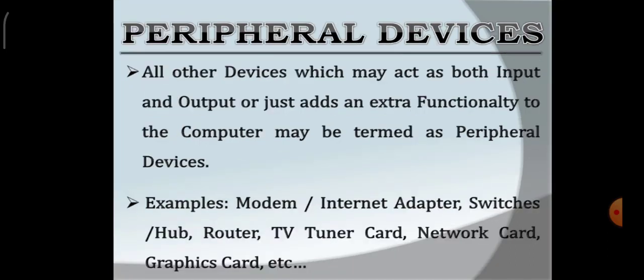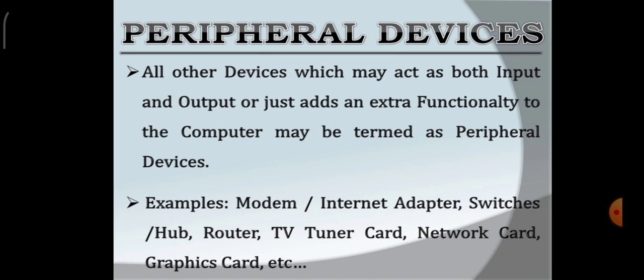Peripheral devices. All the other devices which may act as both input and output, or just add an extra functionality to the computer, may be termed as peripheral devices. Example: modem. Modem, as you know, it is used to get the internet connection. It is modulator and demodulator.